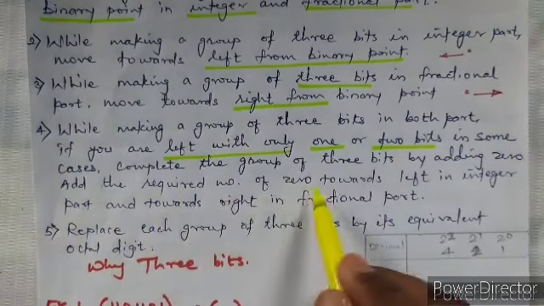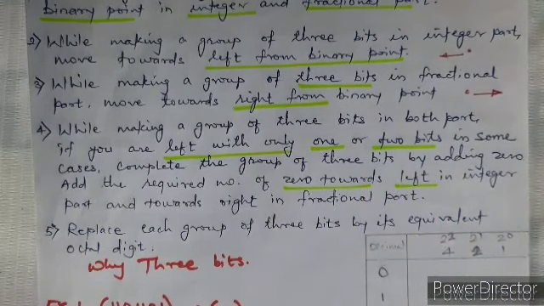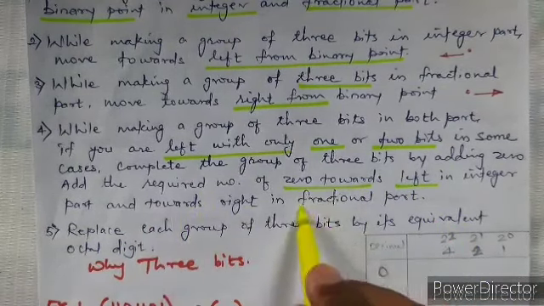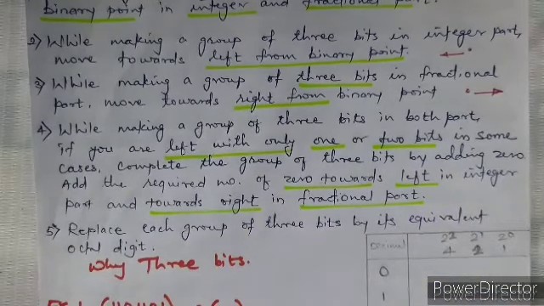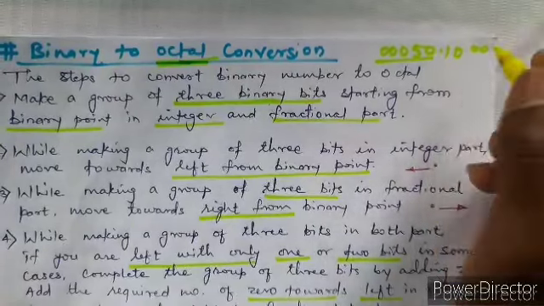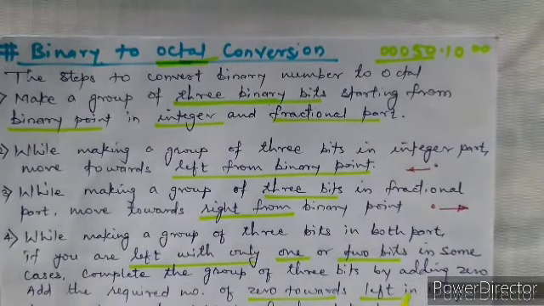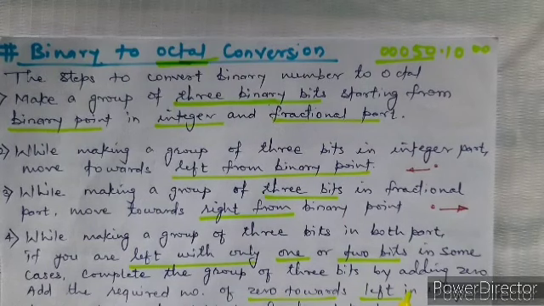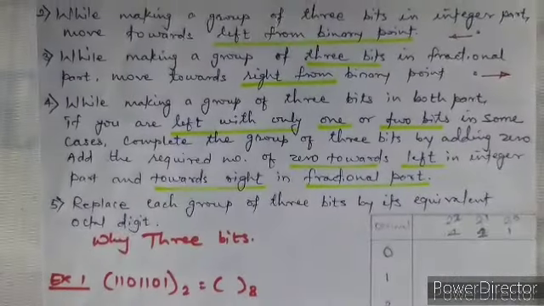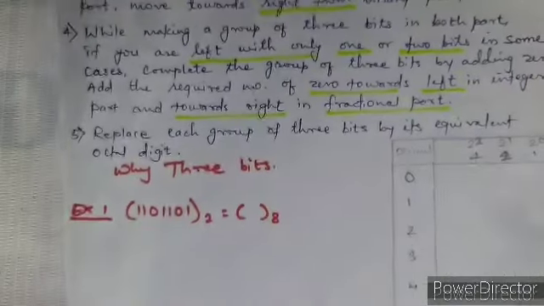Add the required number of zeros towards the left in the integer part, and towards the right in the fractional part. So if this is 1 0, I can go on adding 0 at the fractional part. That makes no difference. The number remains as it is, unchanged. Okay, I hope these methods are clear for you.